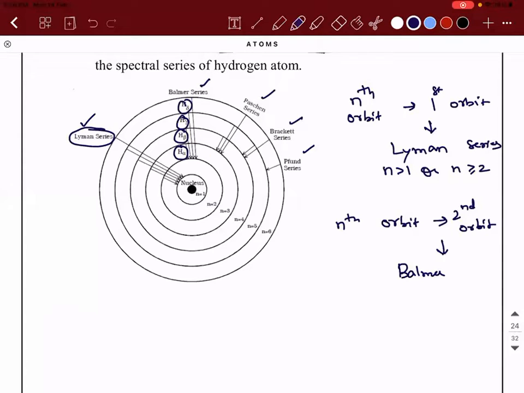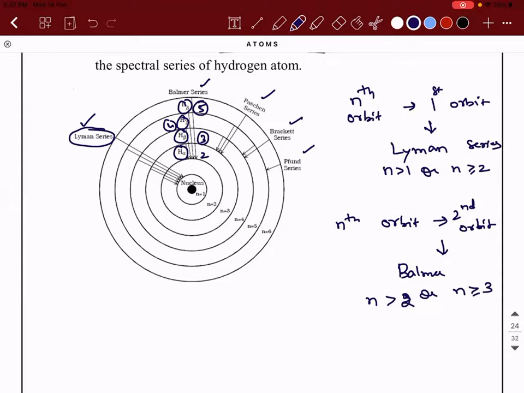If an electron jumps from third to second, it corresponds to H alpha. If an electron jumps from fourth to second, it corresponds to H beta. If an electron jumps from fifth to second, it corresponds to H gamma. In this case, n will be greater than or equal to 3.